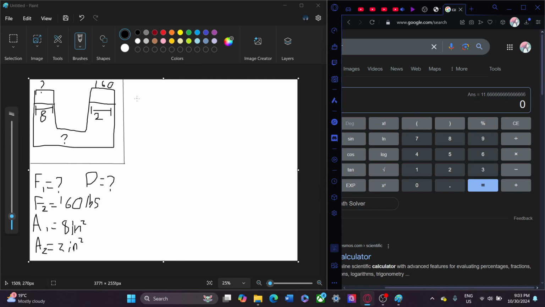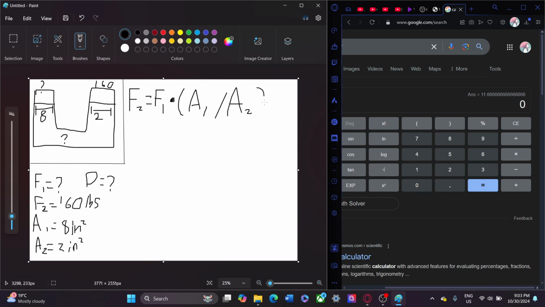So now, to get F2, we need to do F1 times bracket A1 divided by A2.